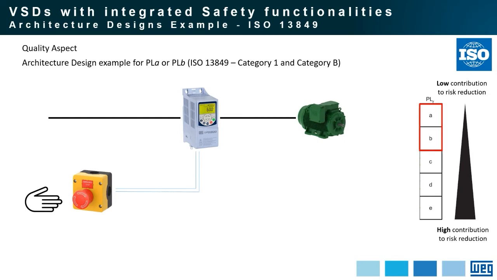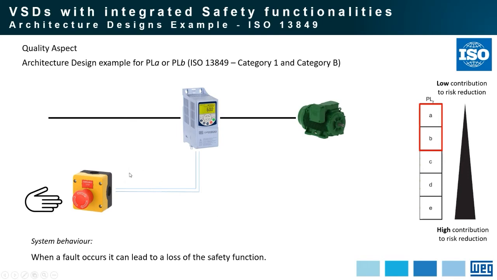So to comply with performance level A or performance level B, the system must have this behavior here that says that when a fault occurs, it can lead to a loss of the system function.